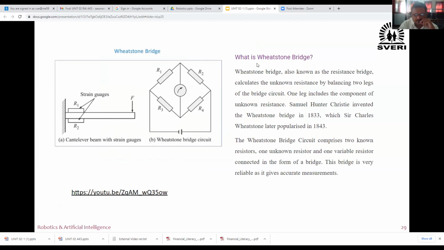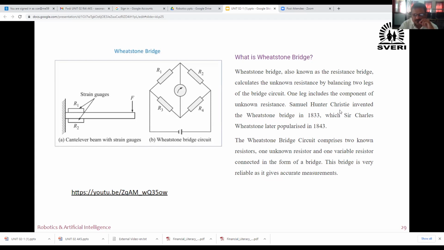First of all, I will explain what is Wheatstone Bridge. Wheatstone Bridge, also known as the resistance bridge, calculates the unknown resistance by balancing two legs of the bridge circuit. One leg includes the component of unknown resistance.